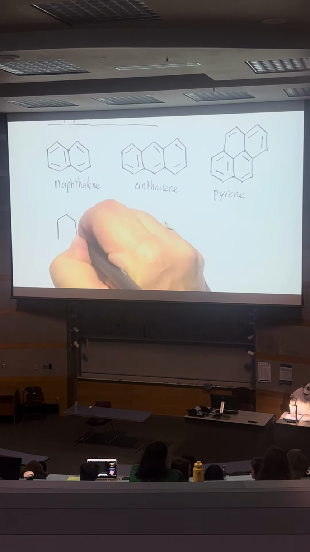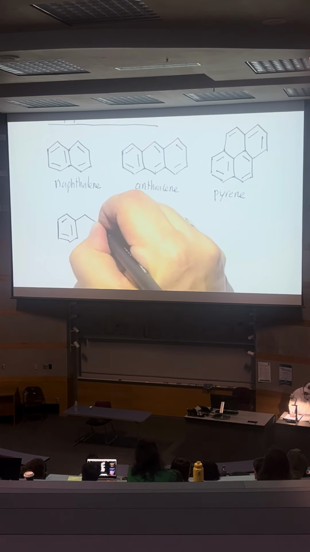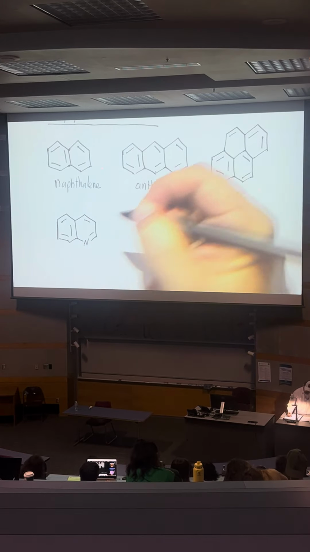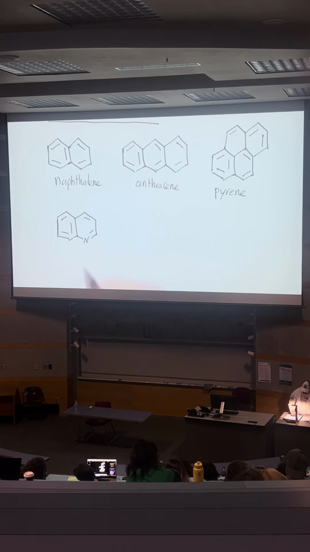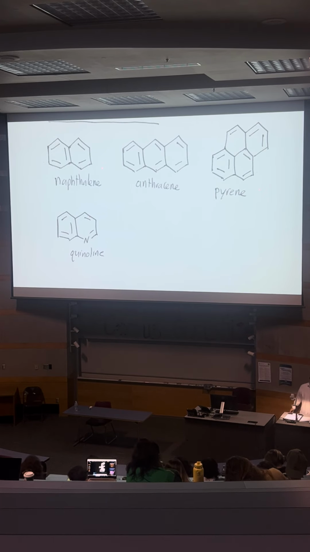Here is a naphthalene-like structure that includes a pyridine in it, and this is known as quinoline. This is an example of a bicyclic, polycyclic, polyheterocyclic aromatic.